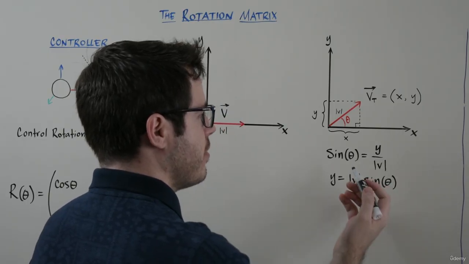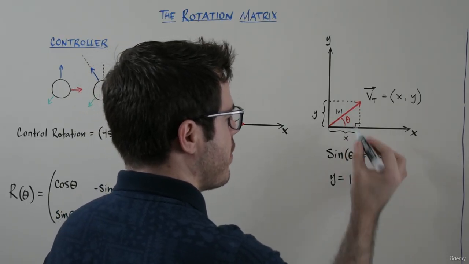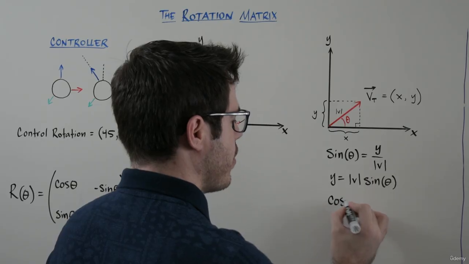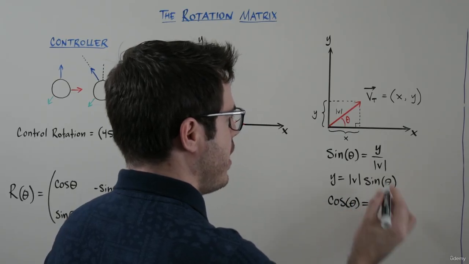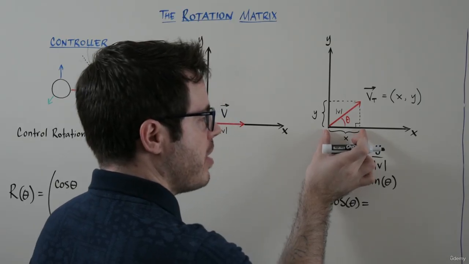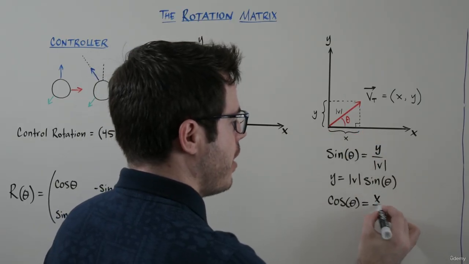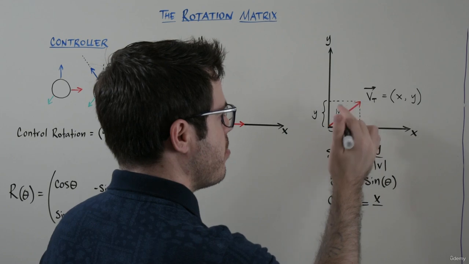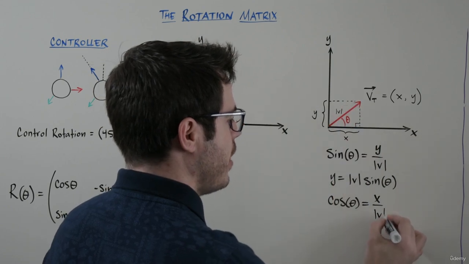Now, what about x? Well, we can take the cosine of theta. Let's see what we get there. So cosine of theta is equal to the adjacent side of the triangle, which happens to be x, divided by the hypotenuse, which happens to be the magnitude of the vector.